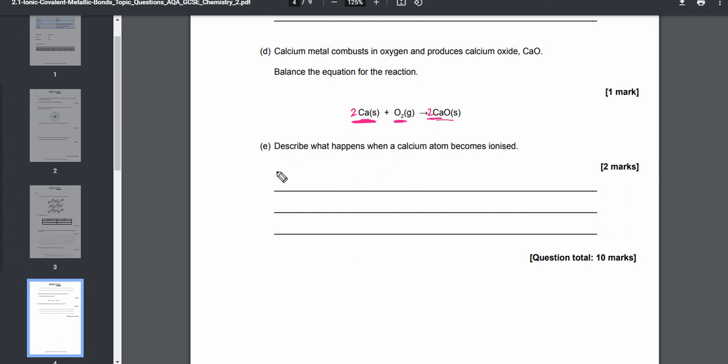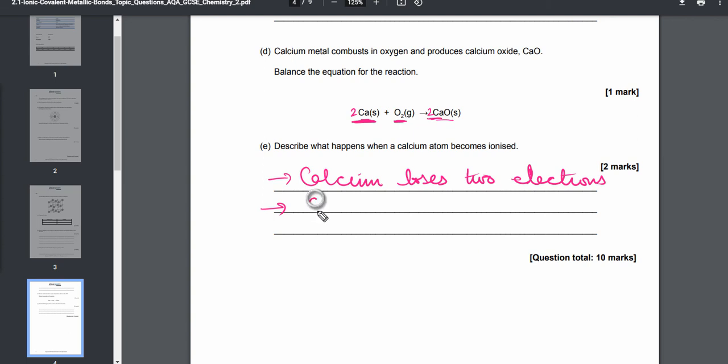The next part it says describe what happens when a calcium atom becomes ionized. So when a calcium atom becomes ionized, calcium belongs to the second group, so it has 2 electrons in its outermost shell. So calcium loses 2 electrons from its outermost shell, and when it loses 2 electrons from its outermost shell, it has a deficiency of 2 electrons, so it will have a charge of +2.